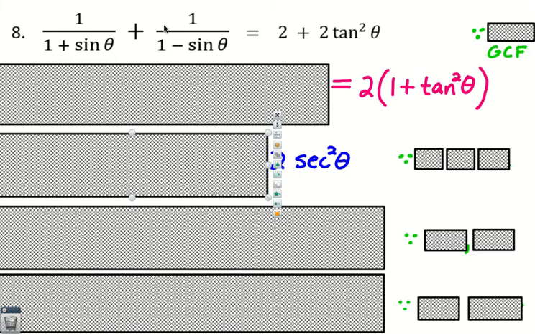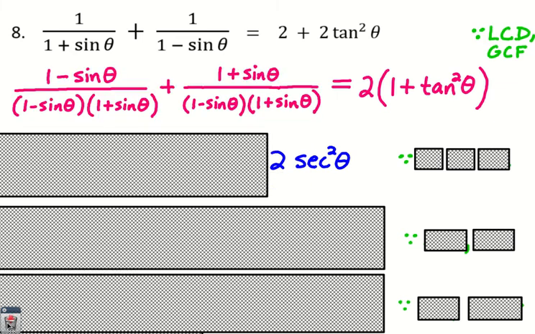Okay? But over here, this fraction plus this fraction, we're going to need common denominators. So, how do we make common denominators? Well, this is another example where we need to multiply this denominator by the other one, and then multiply this denominator by the other denominator.